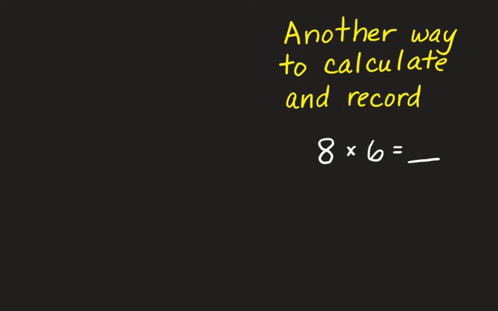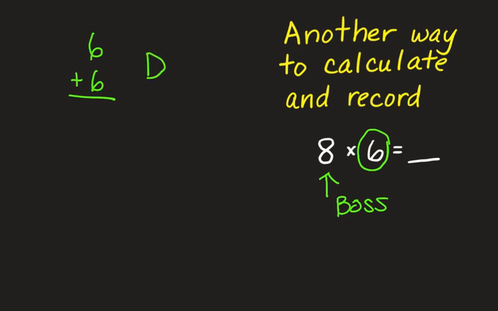There's another way to calculate and record, and I think that this works better for some students. So let's take a look. If I'm doing 8 times 6, 8's the boss, so I'm going to double, double, double the 6. So I start by doing 6 plus 6 and mark a D out to the side. 6 plus 6 is 12.